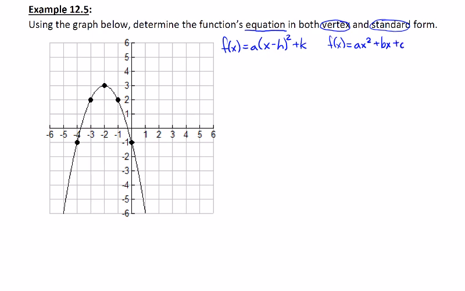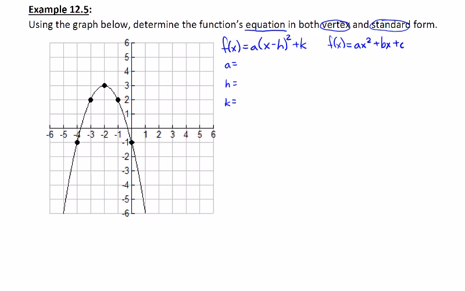So looking at the graph, there are certain things that would help us write out the equations. If I want to write the vertex form, then I should be able to come up with a value for a, a value for h, and a value for k, and then I would just substitute those in, and I have it done.